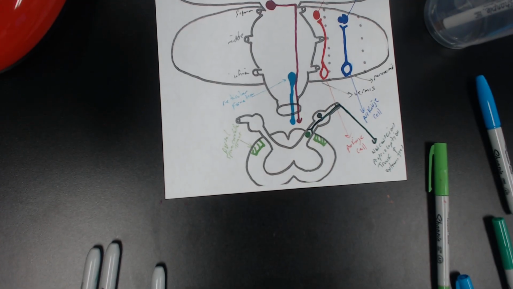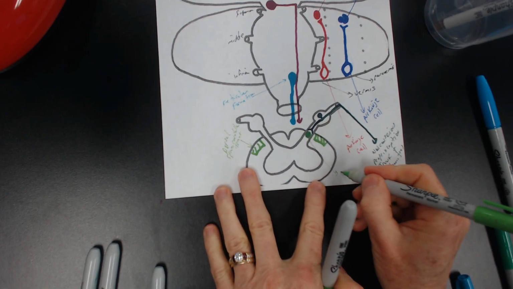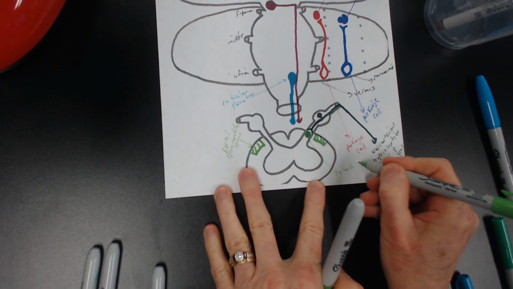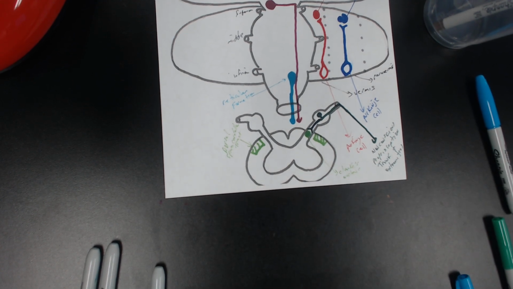This is called Clarke's nucleus, C-L-A-R-K-E. So information about non-conscious proprioception coming from trunk and extremities comes in and synapses immediately in the dorsal gray horn with the special nucleus known as Clarke's nucleus.